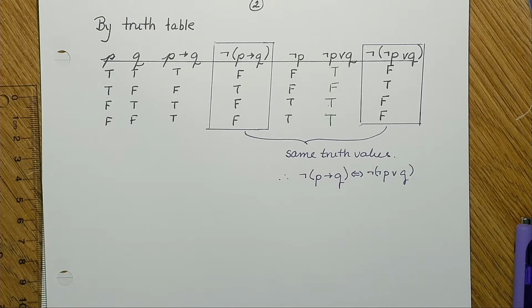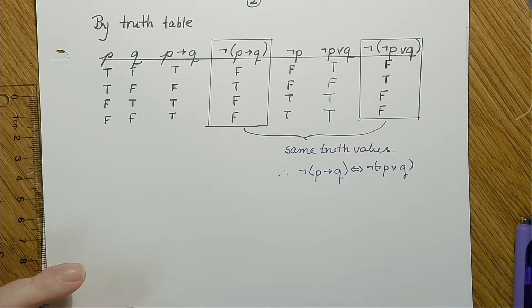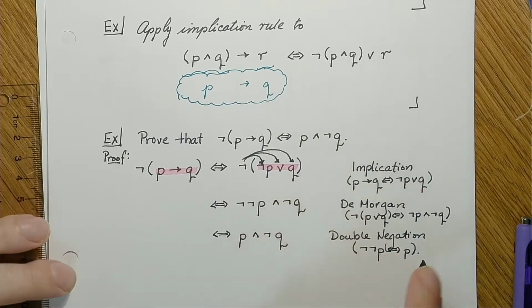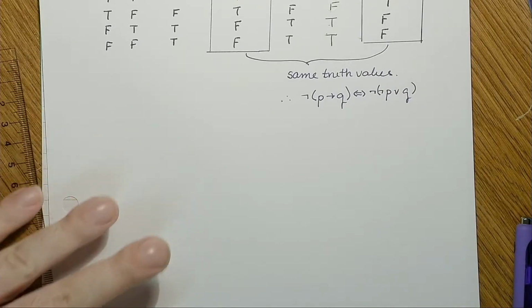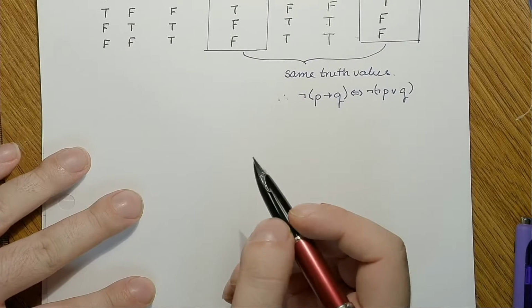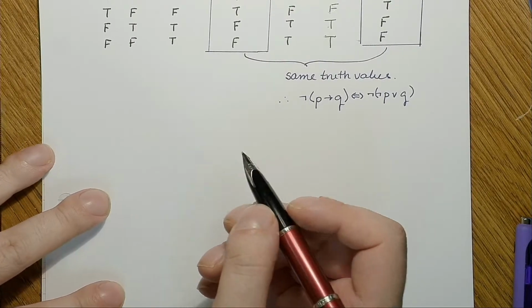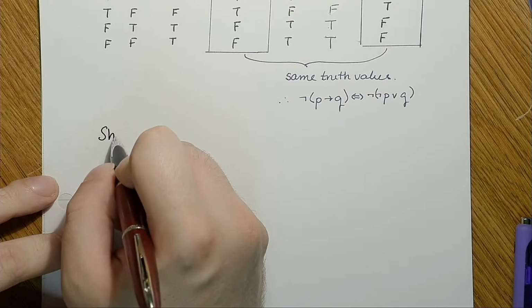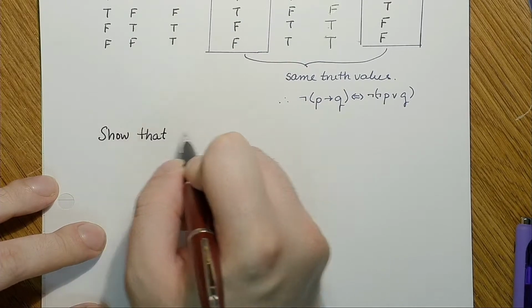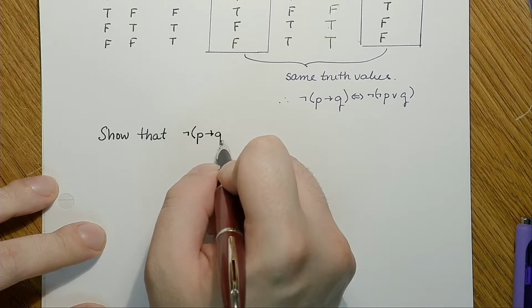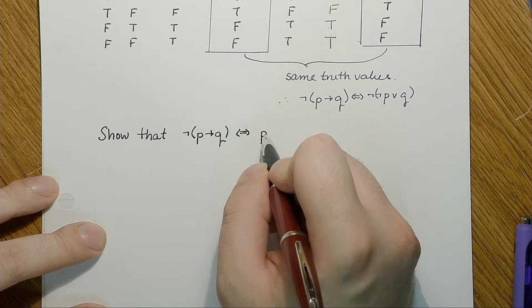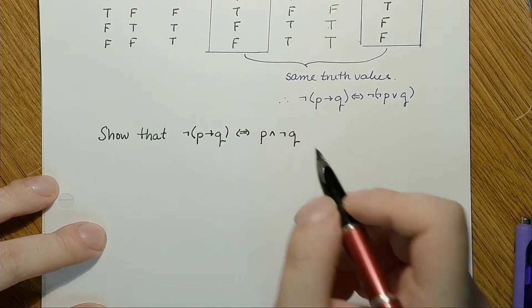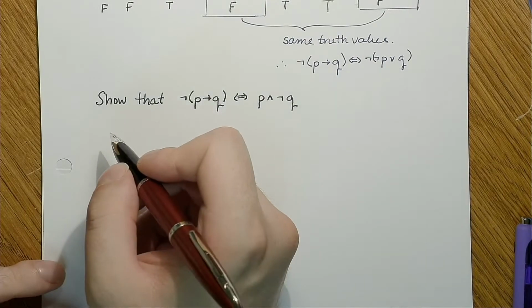But that's not very helpful for us. So what we have done there is we did that first line right there. But really what we should have done is done the P and not Q. So let's do that.